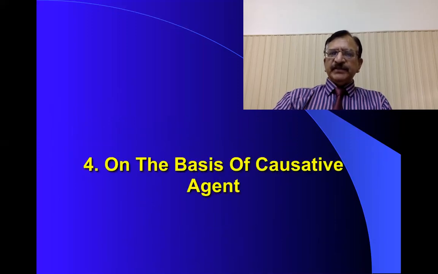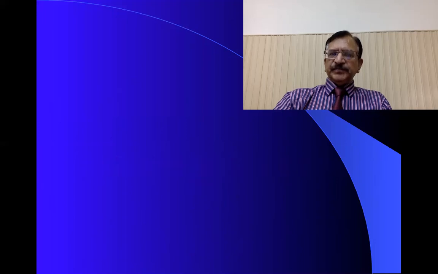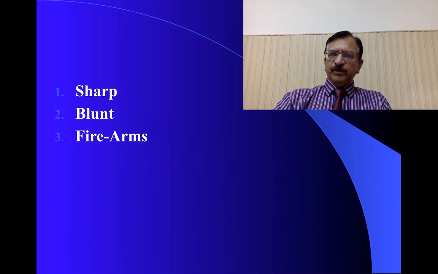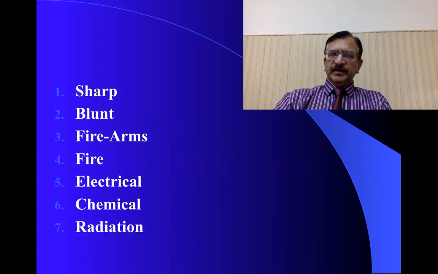Then on the basis of the causative agent, the agent or weapon instrument can be sharp-edged, blunt, then firearms are separate because this is a special trauma, and fire, which causes burns, electrical, chemical, radiation. So these are various classifications according to the causative agent.